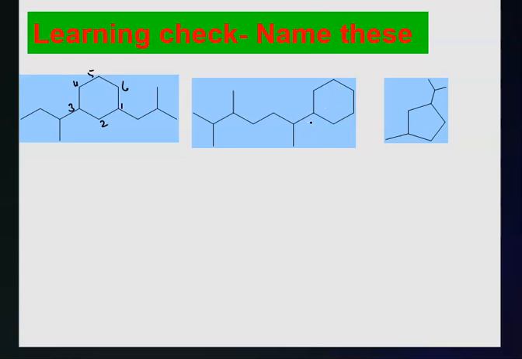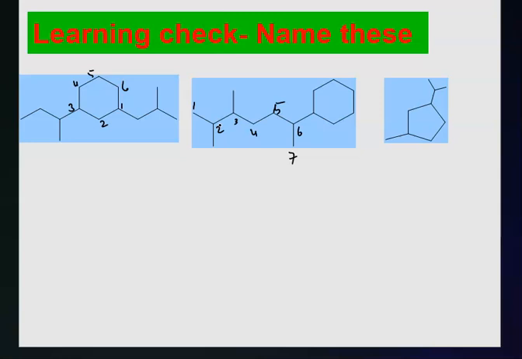The next one is the scenario where we said that if the number of carbon atoms in the largest substituent is greater than the number of carbons in the ring, then this becomes your parent chain, and the cyclic ring becomes your substituent. Okay, so in this case, you can number from this side: 1, 2, 3, 4, 5, 6, and 7.